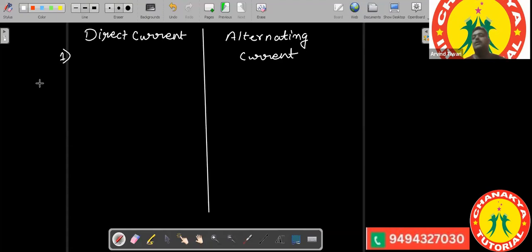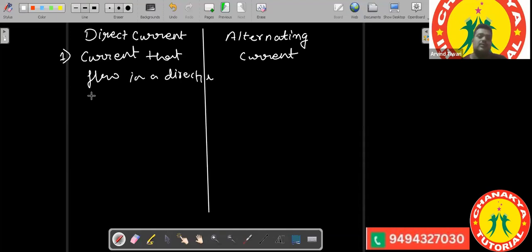Okay. See, why do we call it direct current? As it is directed. It flows in a specific direction. A current that flows in a specific direction is called direct current.